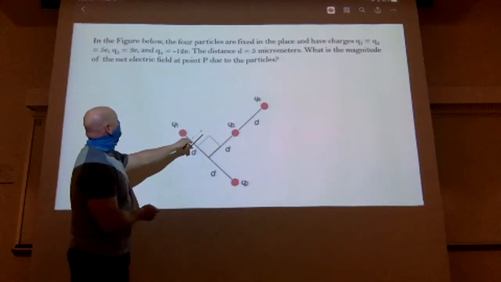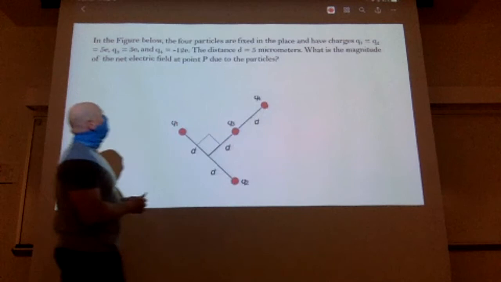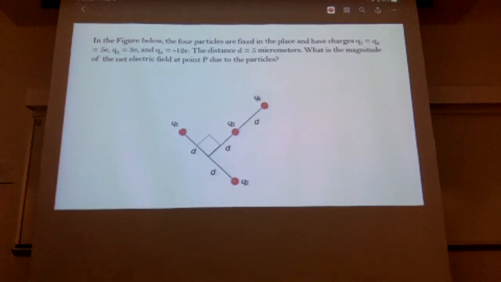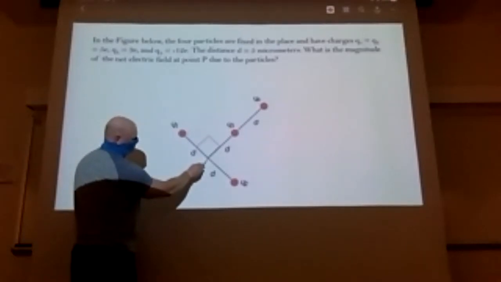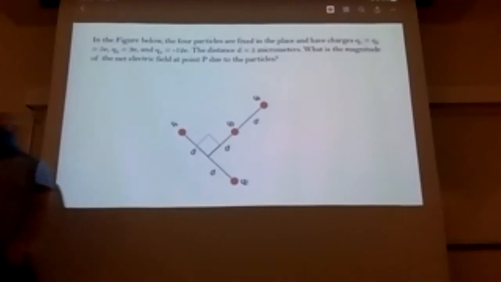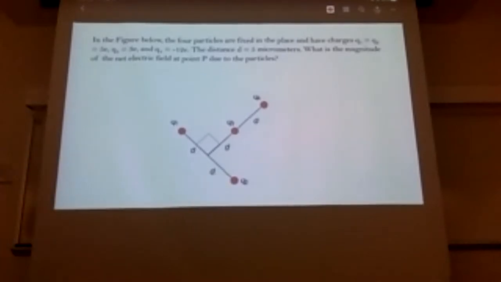Q3 is 3 times e, and Q4 then is negative 12e. And I want to know, what is the magnitude of the electric field at point P, where point P is the origin here, so this point here. So I want to know, what is the value of the electric field at that point based off of this charge configuration.